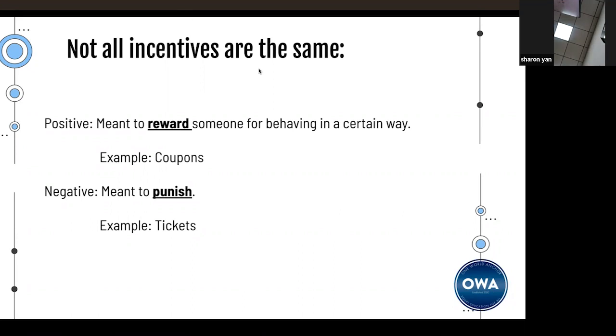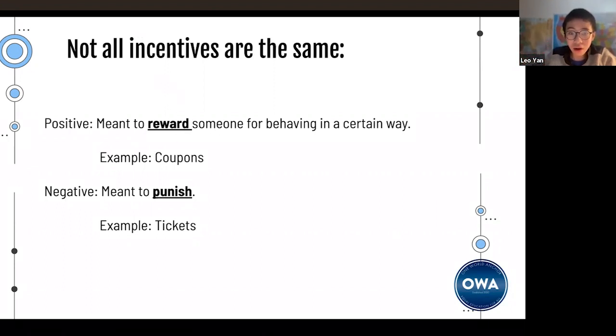If I walked into the store and the sellers told me that if I bought a certain product, they would present me with coupons, and I actually bought the product, then my incentive behind buying that product would be a positive incentive. In other words, I'm being rewarded for buying this product. The sellers are rewarding me with a coupon for purchasing it.